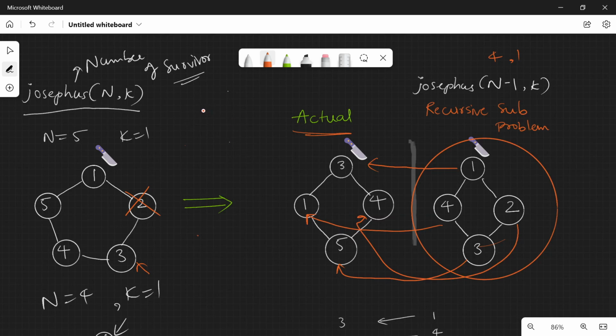We are having nodes like this, right? 1, 2, 3, 4 and 5. We are basically moving in a circular manner. 1 plus 2 is 3, 2 plus 2 is 4, 3 plus 2 is 5, 4 plus 2, there is nothing here. We have to get back to 1. So this is basically the circular increment. 4 is getting converted to 1.